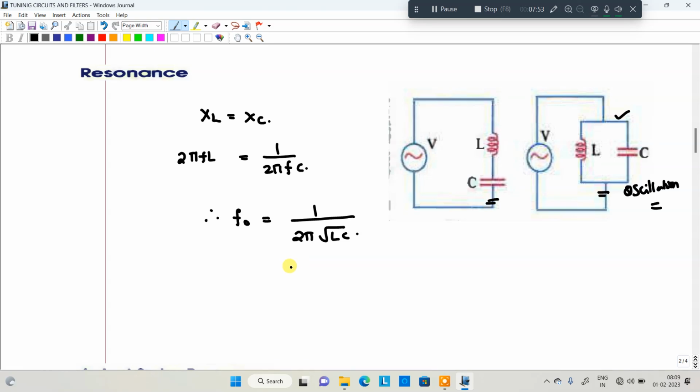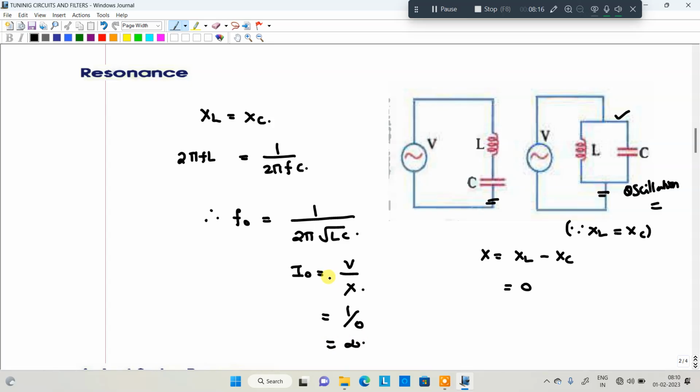But once again we will recall all this. From that, I0 is equal to V by X. At resonance, X is equal to XL minus XC. At resonance XL is equal to XC, so that will be 0 here. So 1 by 0 is infinity.